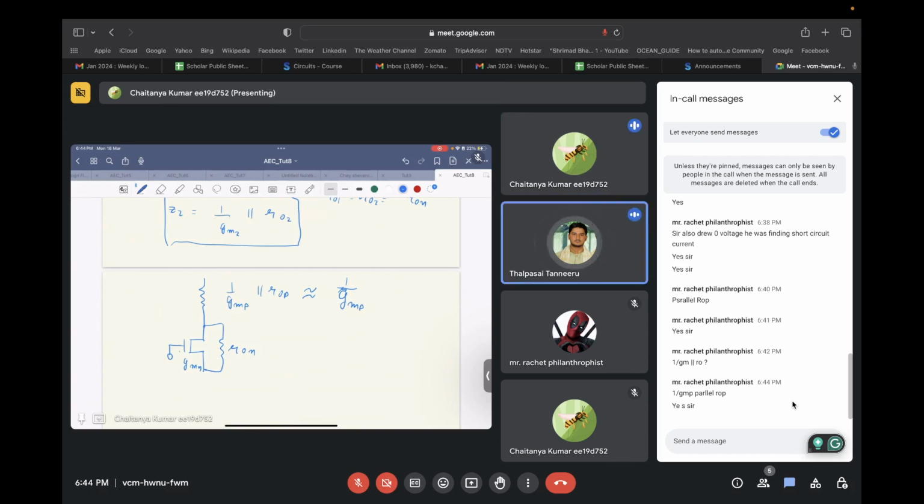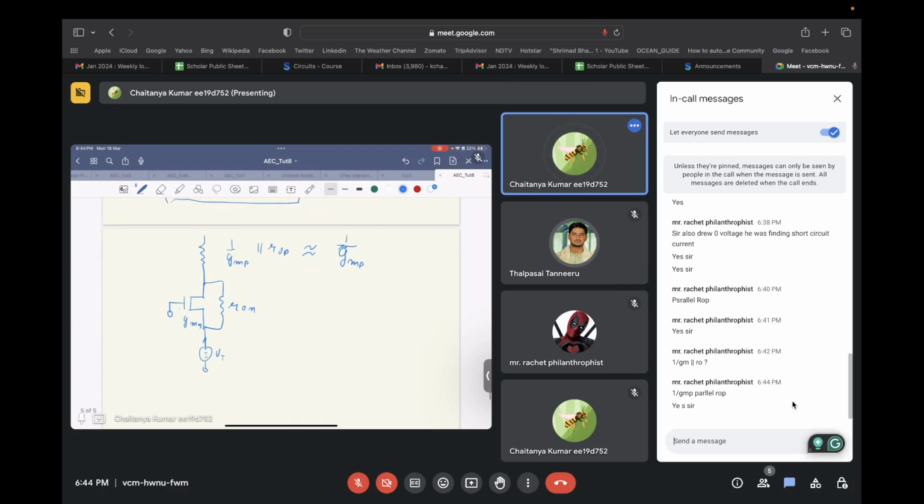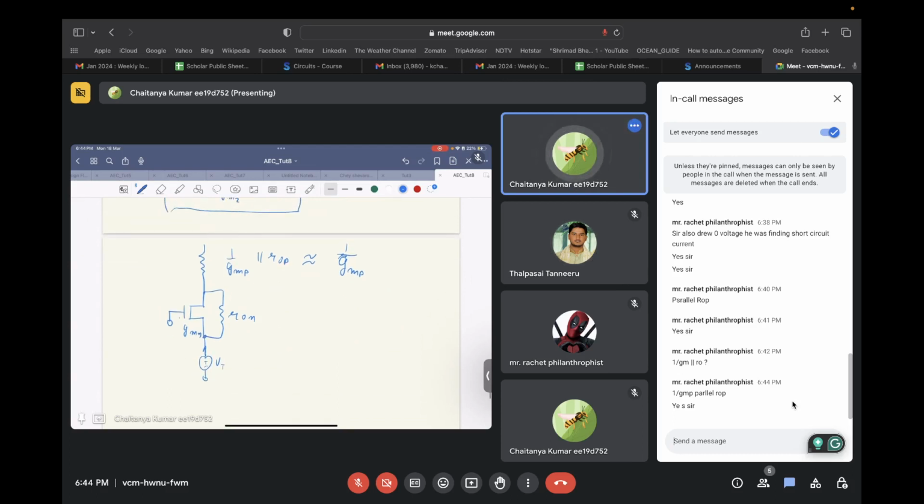Yes, sir. So now let's find out, let's put a voltage source over here. Let's call this VT. So the current flowing in this direction is GMVT, and let's call this voltage some Vx.